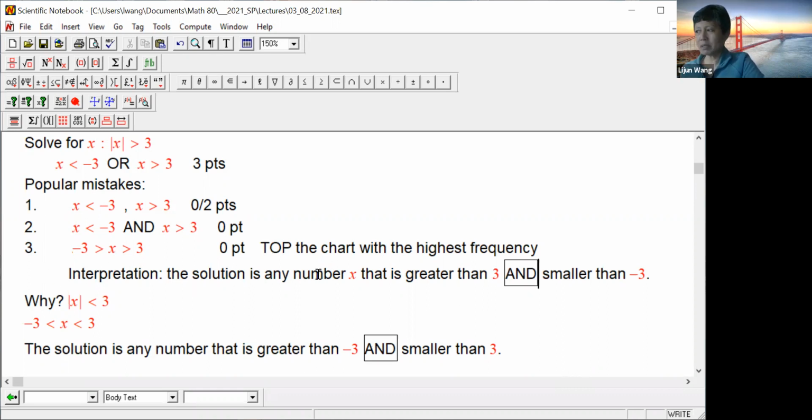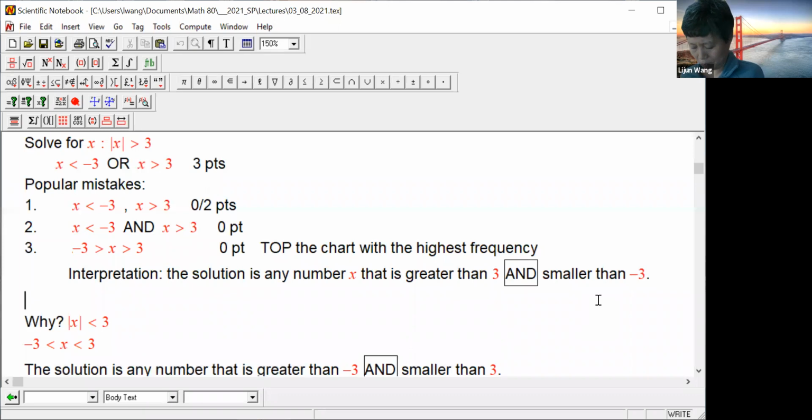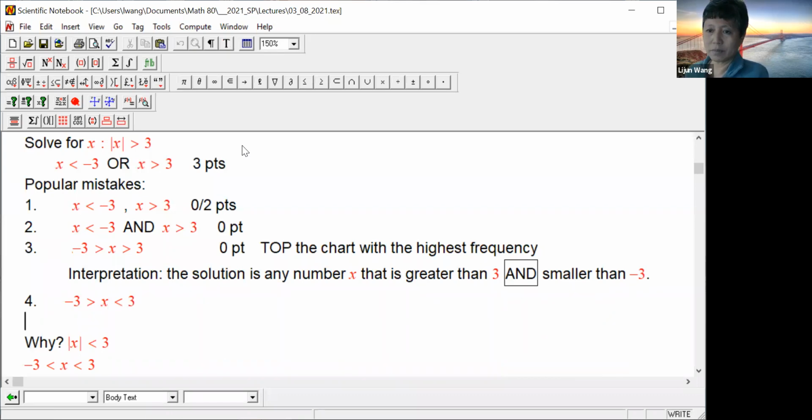All right. There might be other mistakes, and if I see more, I will point it out. The other mistake I see could be something like this. It's certainly the wrong answer. Let me try this. A student might write this.